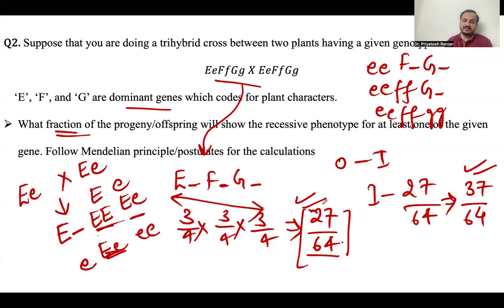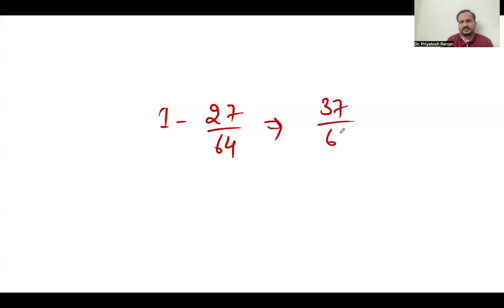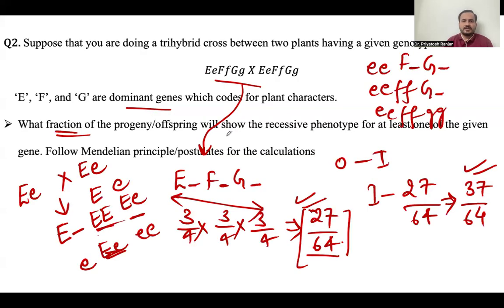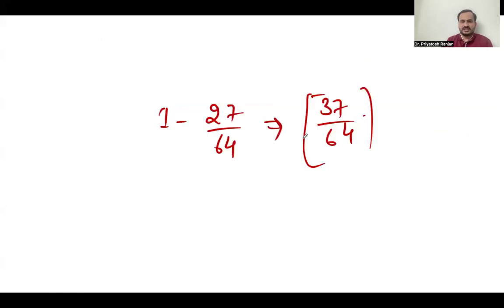You subtract this value from 1 and you will get 37 by 64 as the correct answer. So the correct answer is 1 minus 27 by 64, which is 37 by 64 in terms of fraction. So these are the offsprings that are going to show the recessive phenotype for at least one of the given gene.